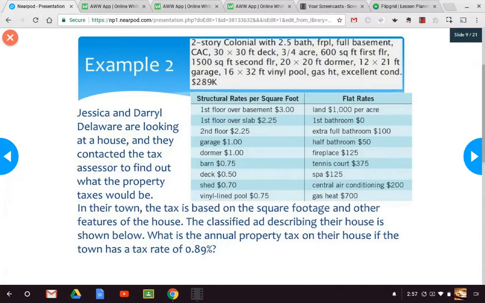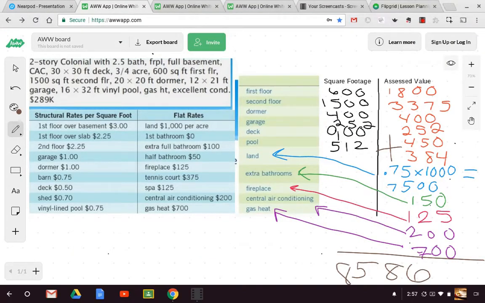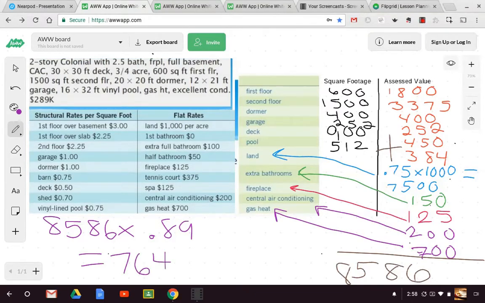They pay for their property taxes 89% of that value. So to get 89% of our $8,586, we multiply it by our tax rate of 0.89, and that gives us an actual property tax annual value of $7,641.